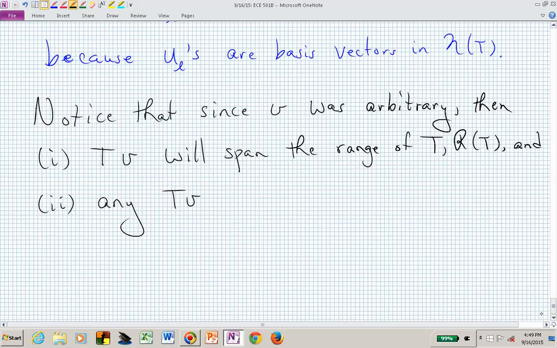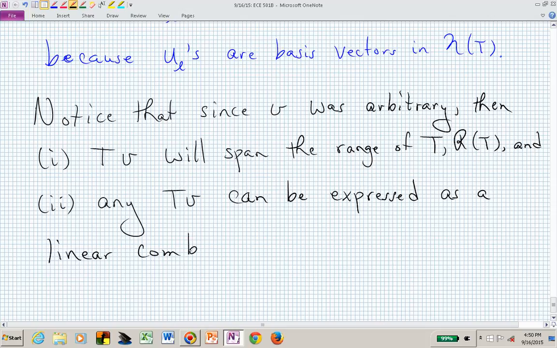So any TV can be expressed as a linear combination of these W sub j's.